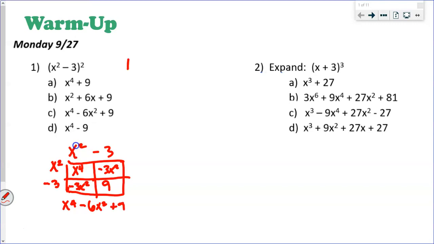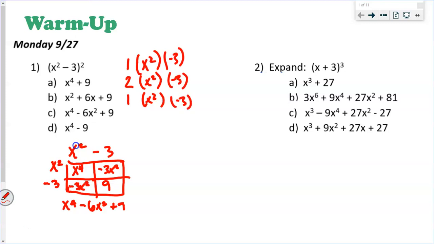We could do the 1, 2, 1, right? And we could do the x squared here, and then we could do the negative 3 here. And then again, we're going to go 2, 1, 0, 2, 1, 0. So when we simplify this, this is going to be 1.